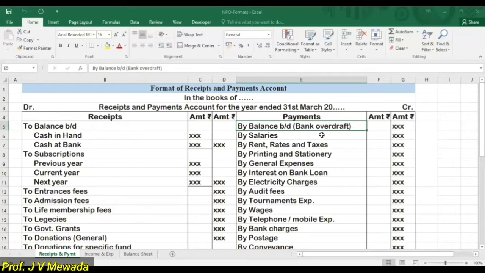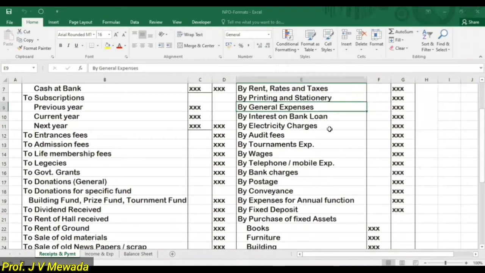These are all our regular expenses. Salary is an expense. Rent, rates and taxes are an expense. Printing and stationery is an expense. General expense, then interest on bank loan, and electricity charge are our expenses. Audit fees we pay to the auditor for getting the books audited.